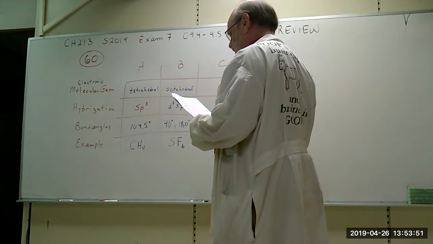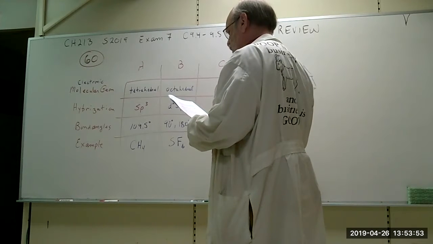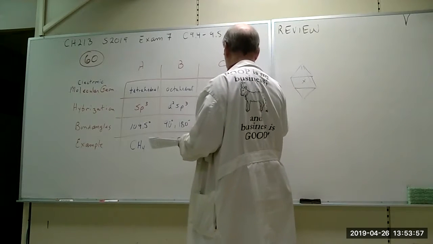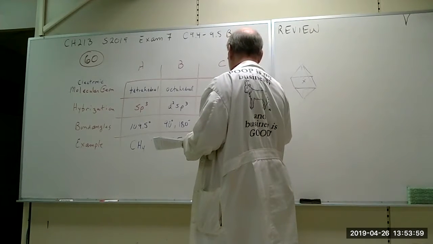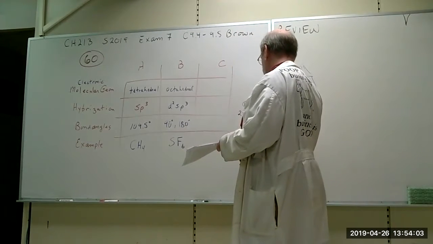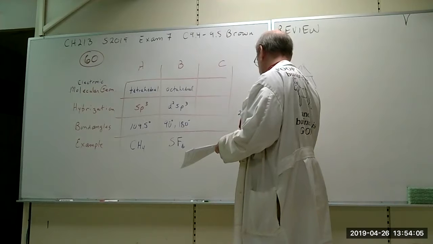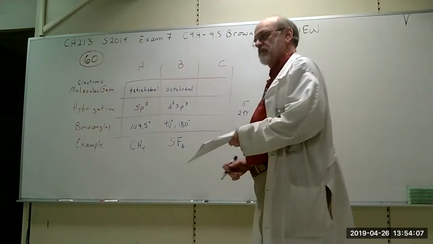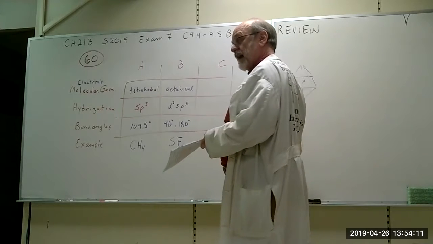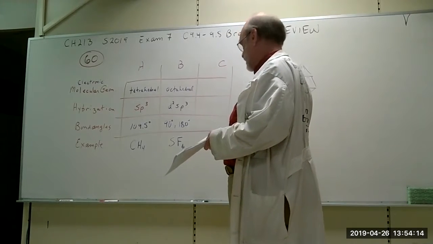C consists of 1 sigma bond and 2 pi bonds. Okay, if it's got 1 sigma and 2 pi's, where do the pi's come from? The pi's come from unused p orbitals, right? So we can only use 1 p orbital for hybridization and 1 sigma for hybridization.